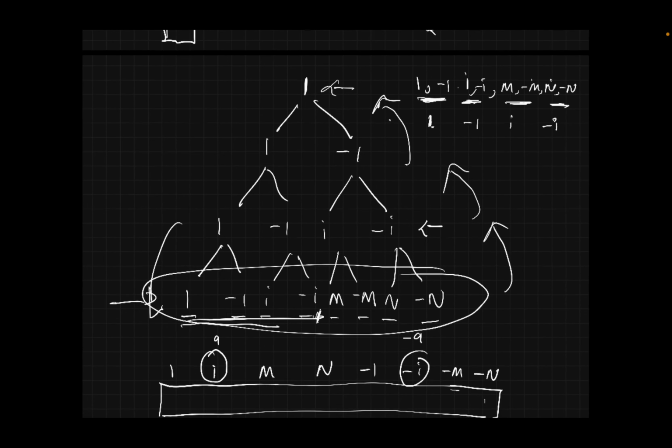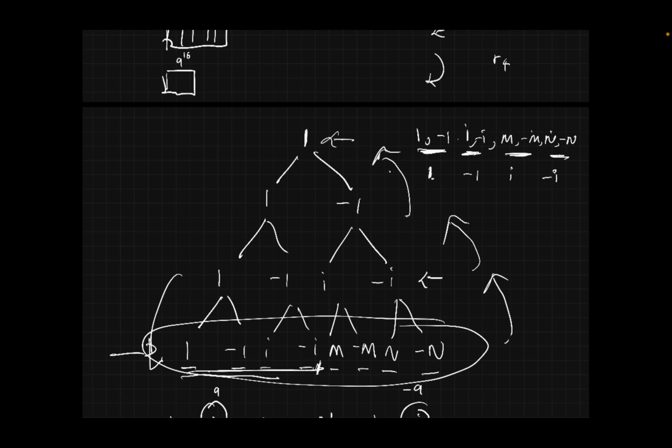This one is the eighth root of unity. If you square everything there, you get the fourth root of unity. Then if you square everything there, you get the second root of unity. Makes sense?